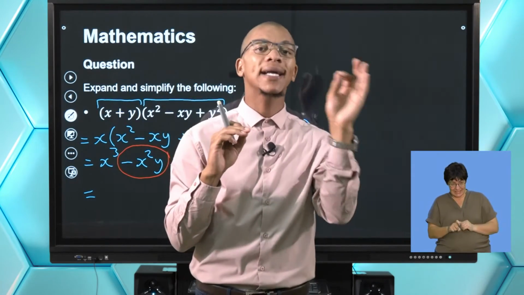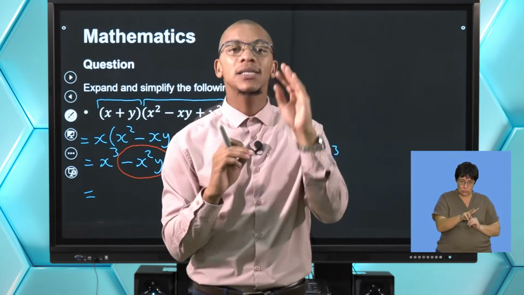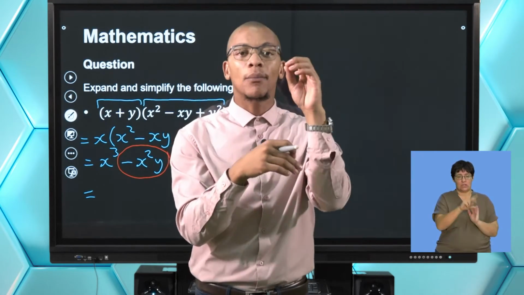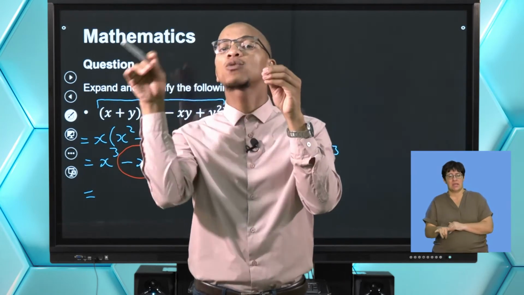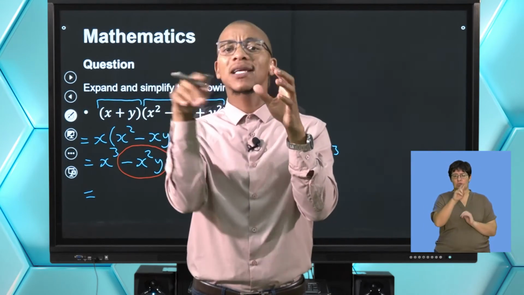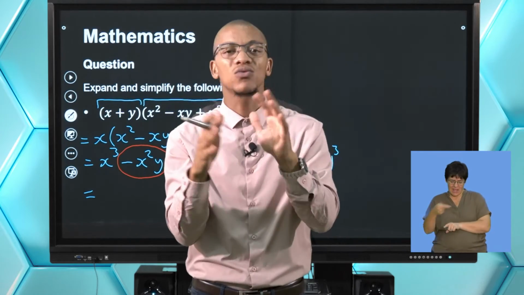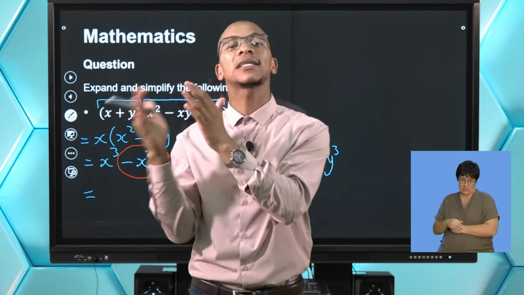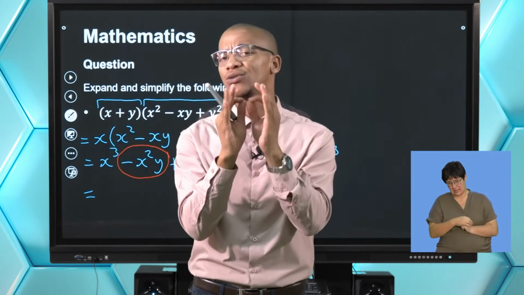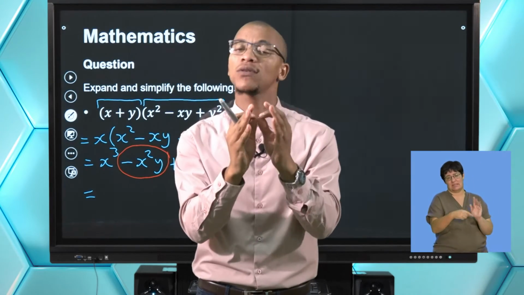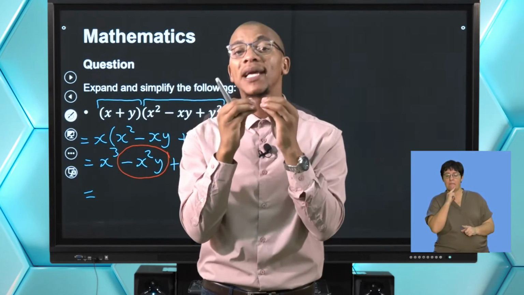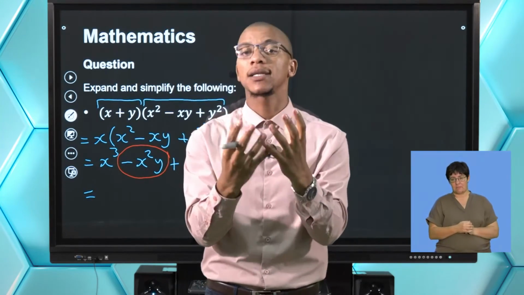So if it's minus 2x, it means the minus goes with that 2x. But if it's minus 2x minus y, the minus after the 2x has nothing to do with that 2x, but everything to do with the y that it comes before. So please make sure you understand the concept of your signs properly, please, because it is really, really what makes algebra to be what it is.